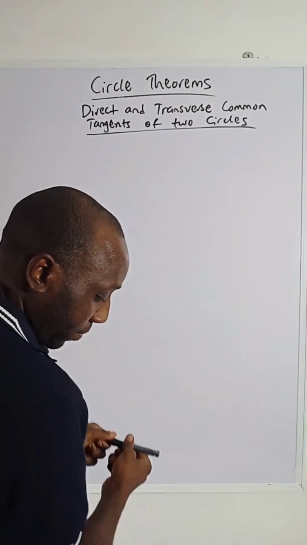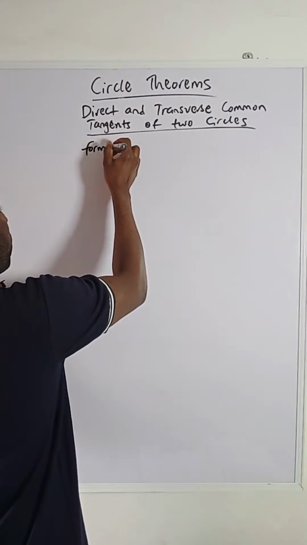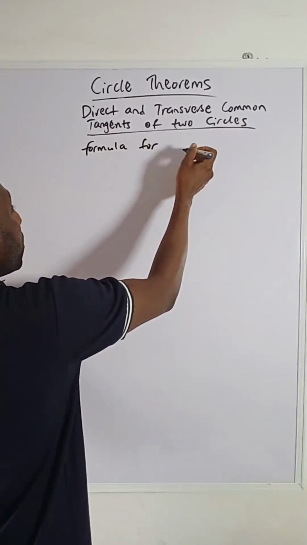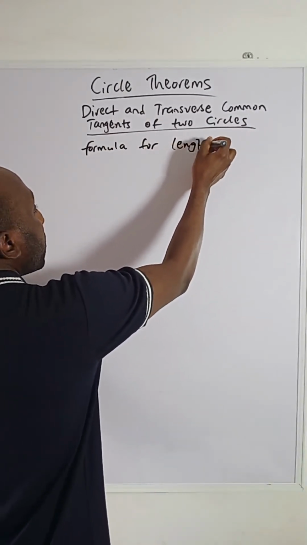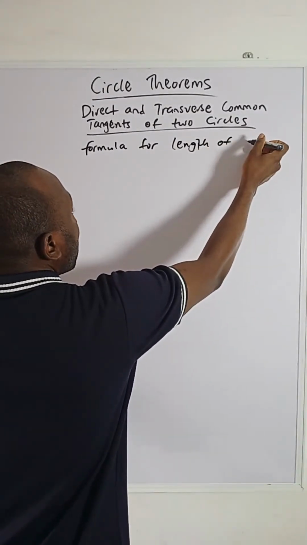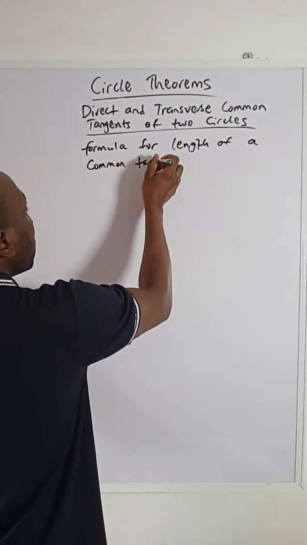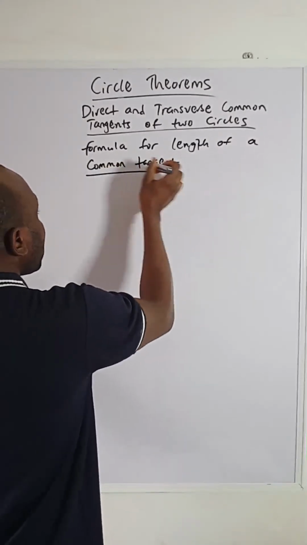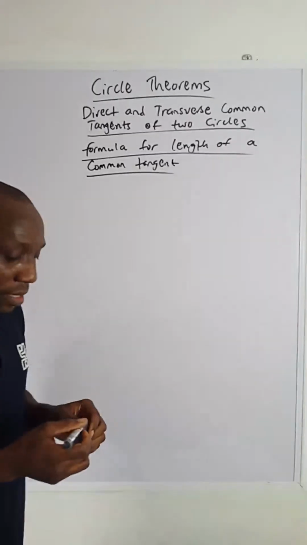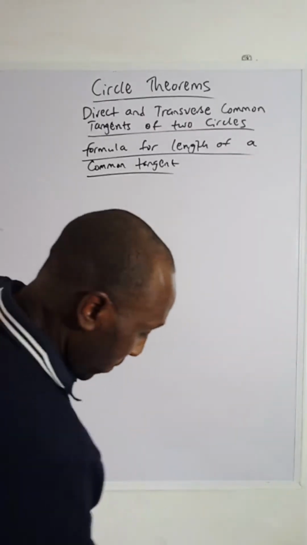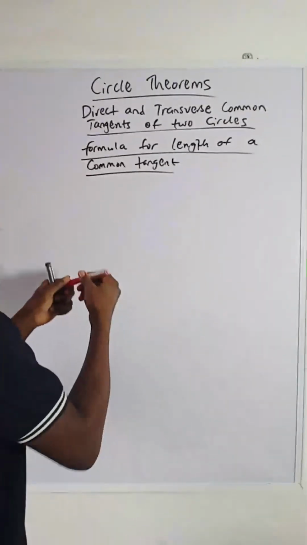Yeah. So I want to tell you the formula for the length of a common tangent. So like I said, there are different ways you can actually get the length of it. I don't want this to confuse anybody.